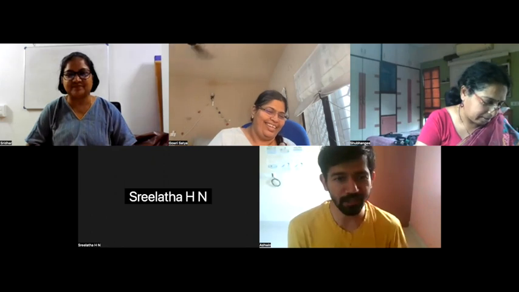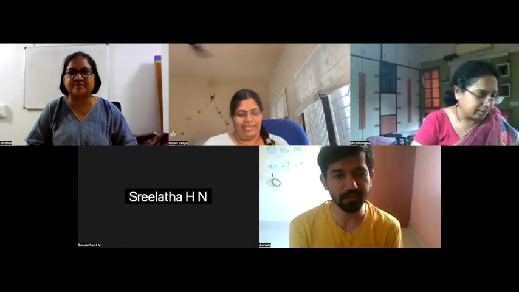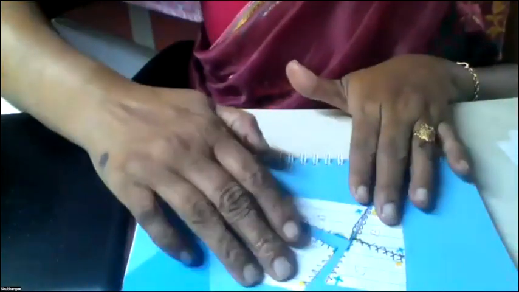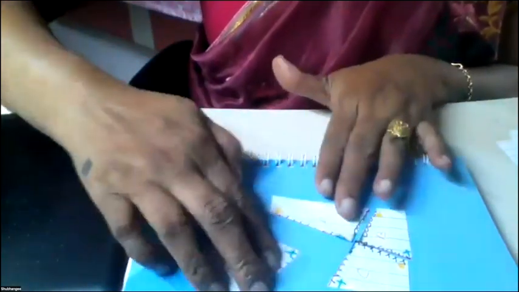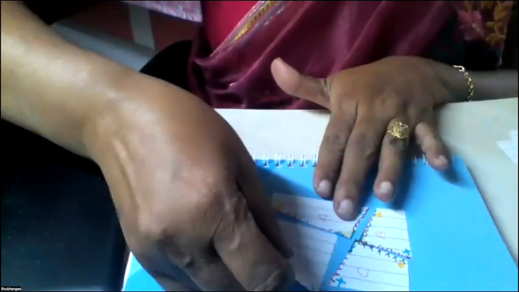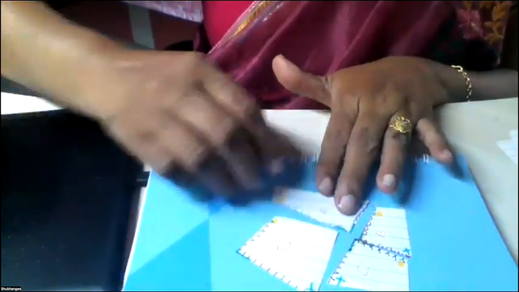Actually, Shubhangi, can you show how it looks? This is the original. Can you see? I can't see what you are doing. Yes, we can see. And now, as Manjula said, I tried to make this marking.